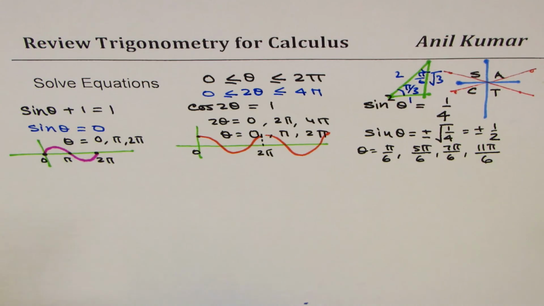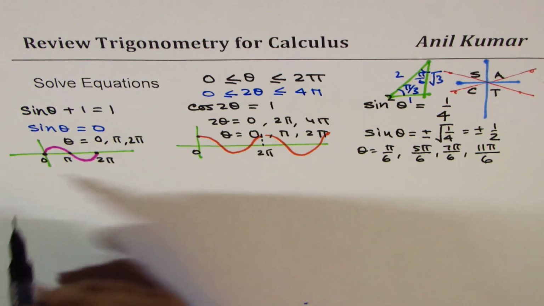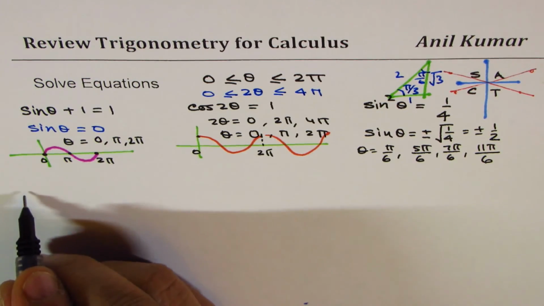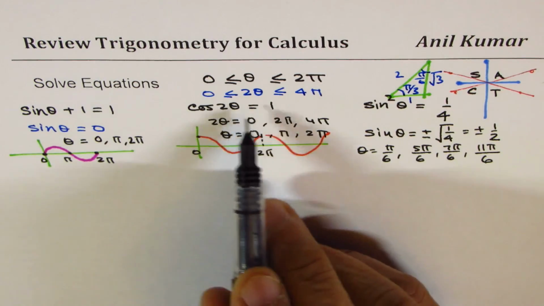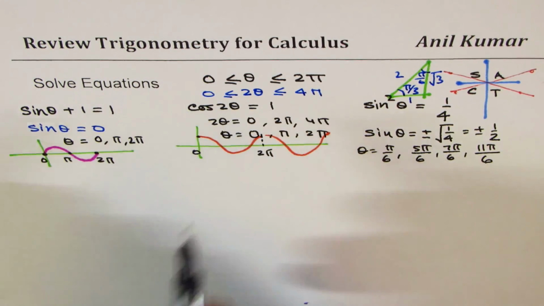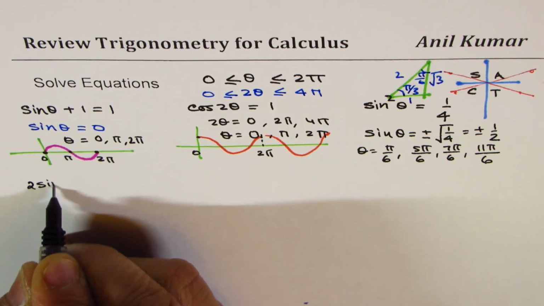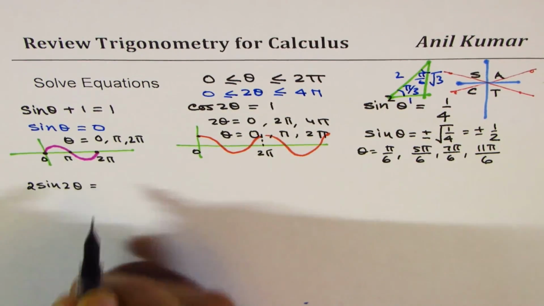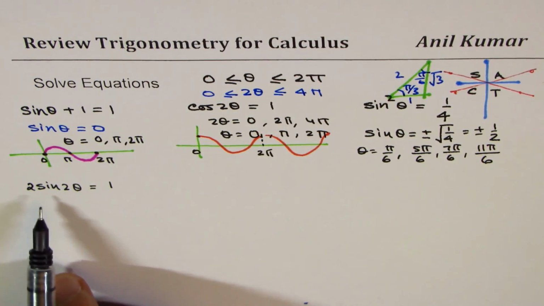Now let me take a few more examples which could be slightly more tricky. Now if I say, let's get back to this with cosine 2 theta, just as we did here, right? So let's take 2 of sine 2 theta, let's say, equals 1. How are you going to solve it?